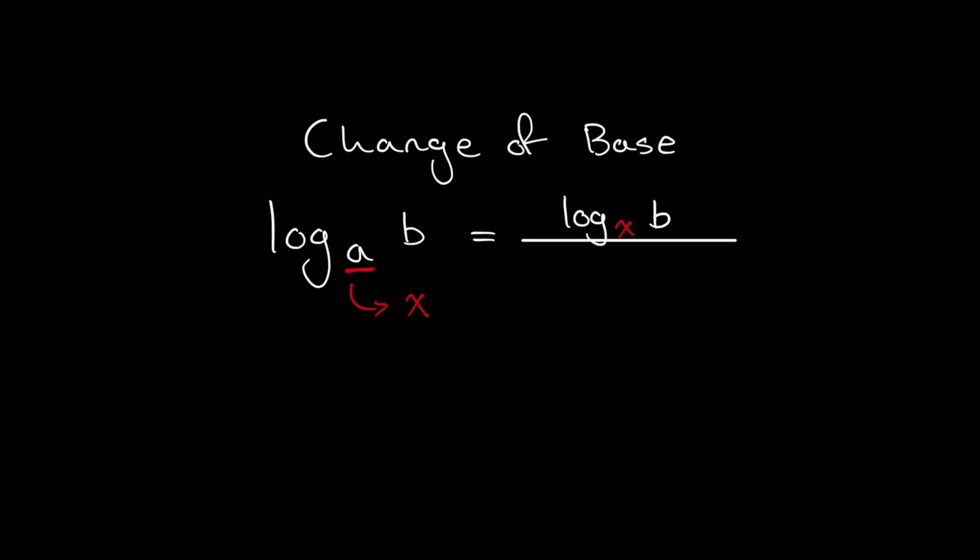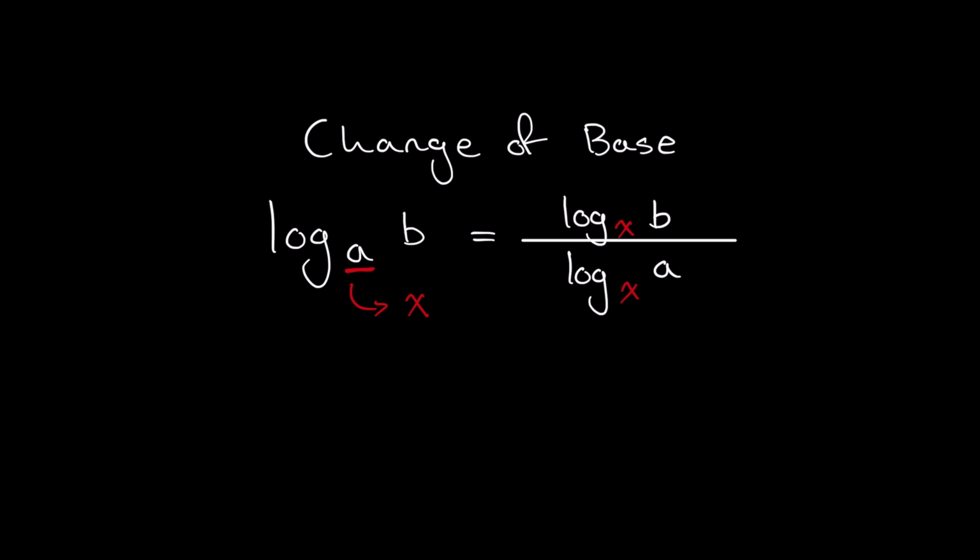And in your denominator, you are going to have log base x, that new base you want to put in. But the difference now is that the argument of this bottom logarithm will be the base of your original logarithm. So that's going to be log base x of a. And there you have it, a systematic way of changing the base of a logarithm into something else.